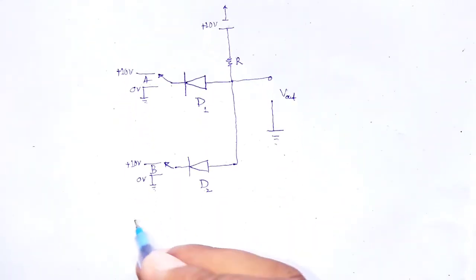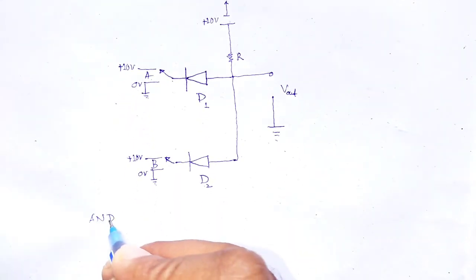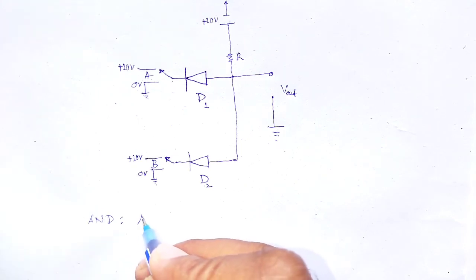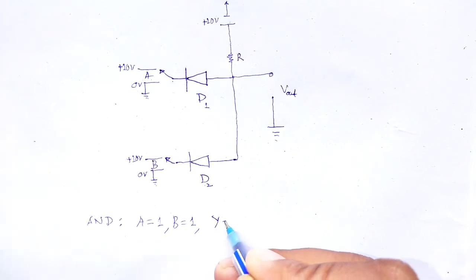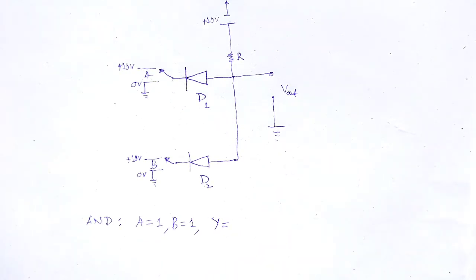Then the situation for that of AND gate, A is equal to 1, B is equal to 1, then what will be at output?